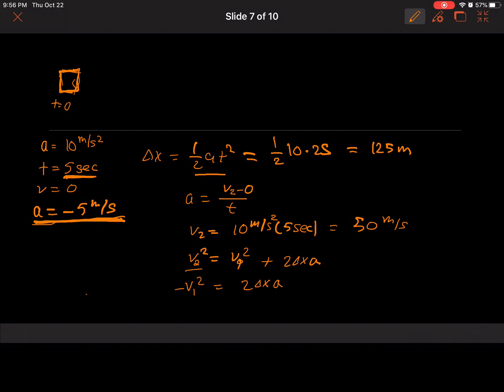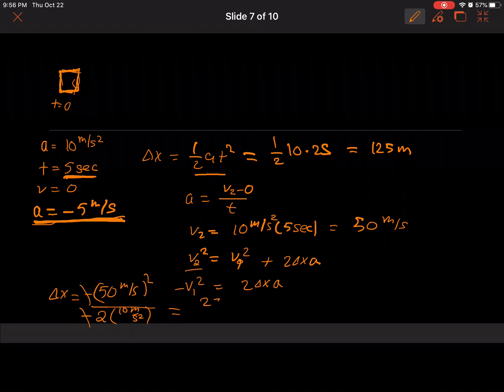So distance would be negative 50 squared divided by 2a, so 2 times negative 5, and the negatives cancel out. So this would be 2,500 divided by 20, so it would be 125 meters.